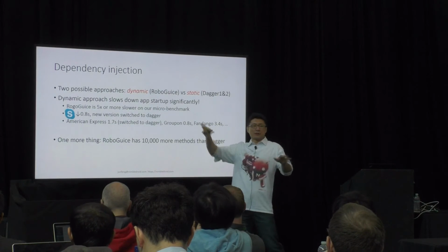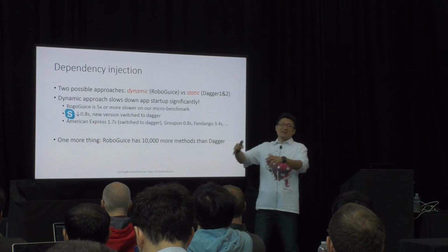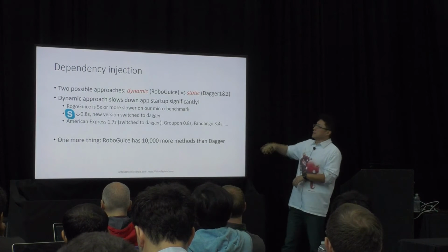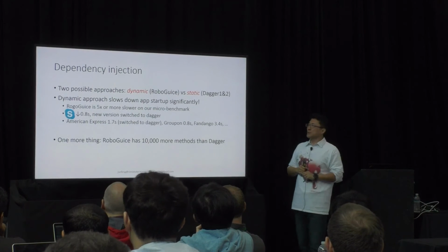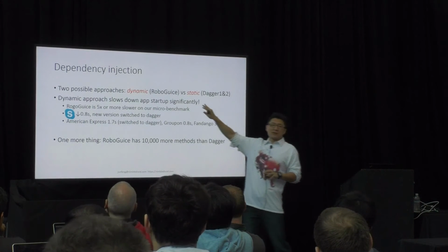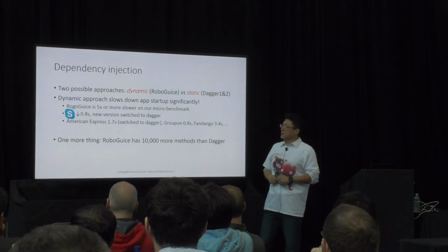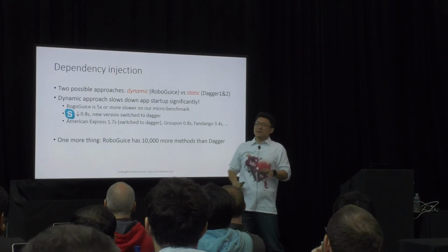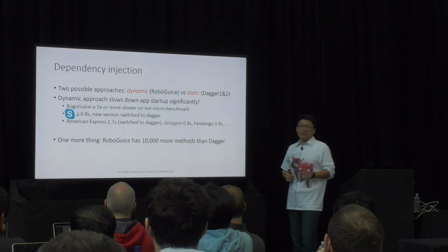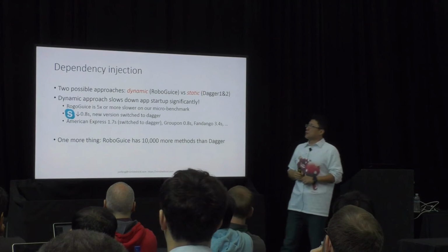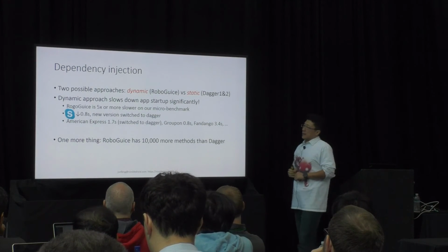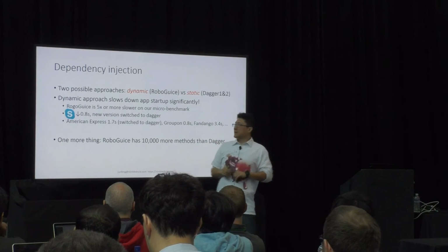You can either use RoboJuice, which injects dependencies dynamically, or you can use static dependency injection, such as the Dagger libraries, Dagger 1 and Dagger 2. And the dynamic approach actually turns out to be very, very slow. So we did macro benchmarks that show RoboJuice is 5x or more slower than static approaches like Dagger 1 and Dagger 2. And we've seen a lot of slowdowns in popular apps.